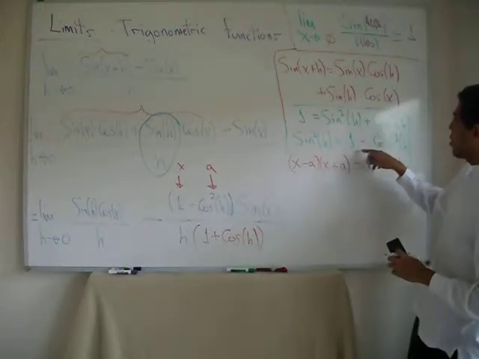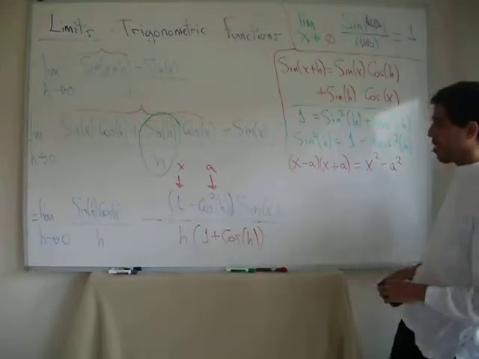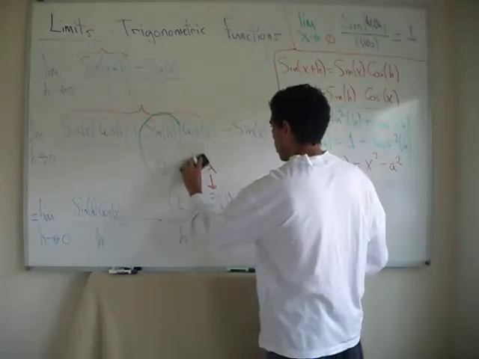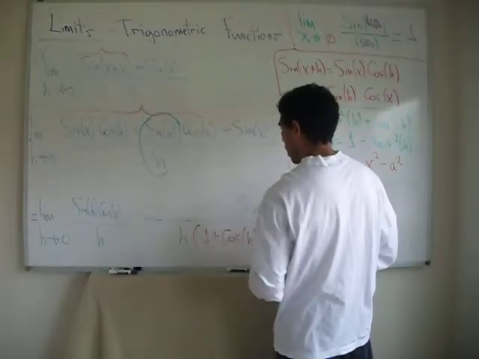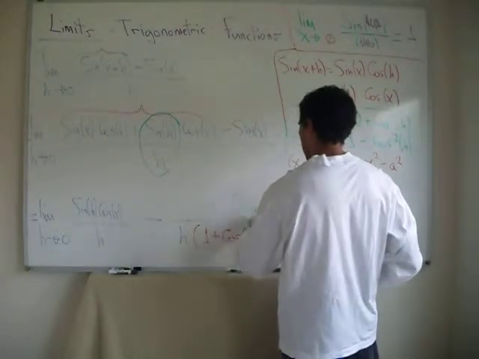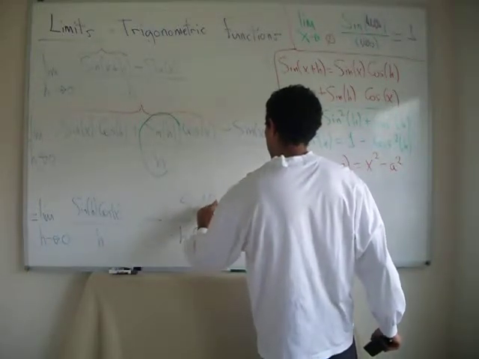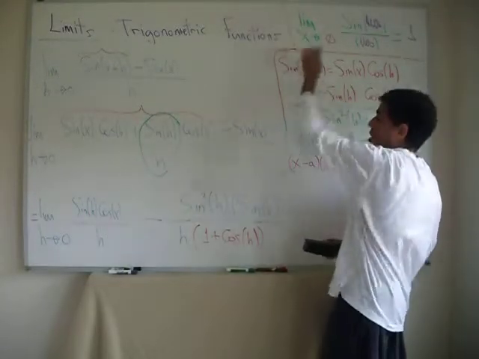But since I have this right here, I can rewrite this as sin square of h, because h is the argument. So I erase this, and I rewrite this as sin square of h. And there we go. I'm able to obtain this. Why?